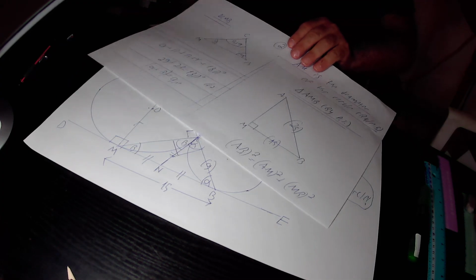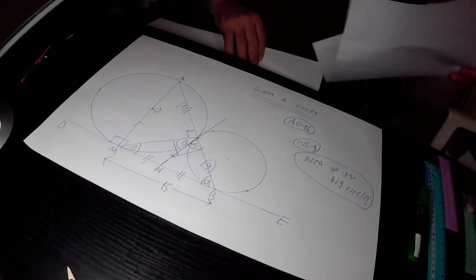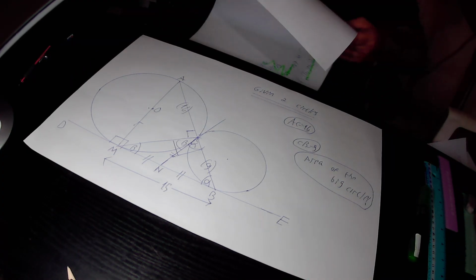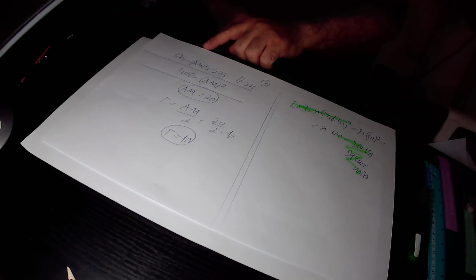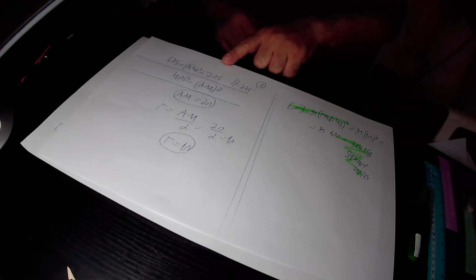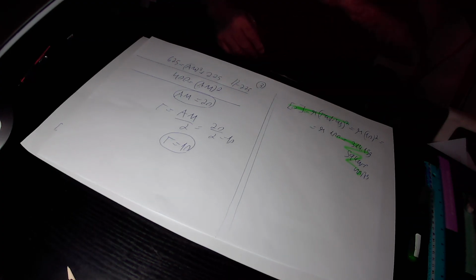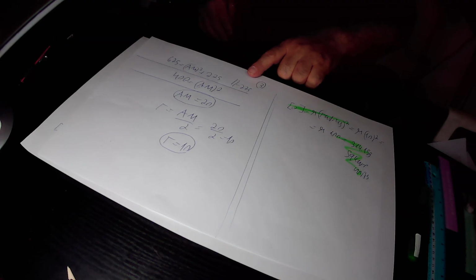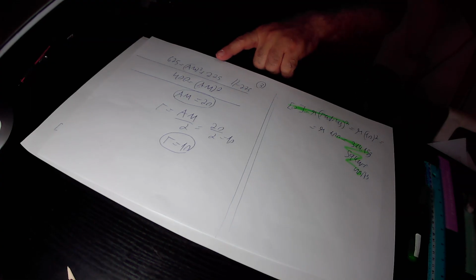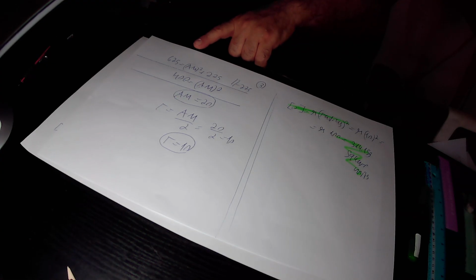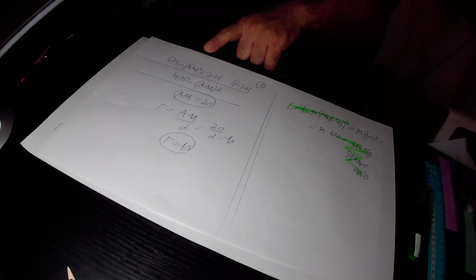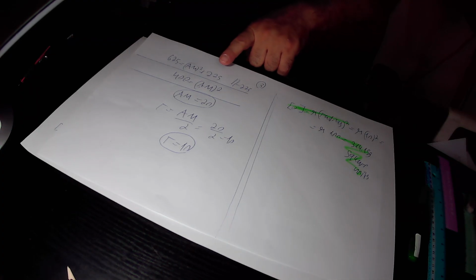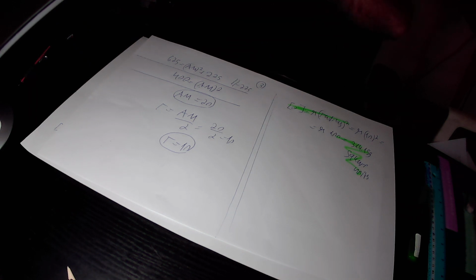So in total, we found that 625 equals AM squared plus 225. Here we subtracted 225 from both sides, and found that 625 minus 225 is 400, so 400 equals AM squared. Here we took the root, and found that AM equals the square root of 400, that is 20.